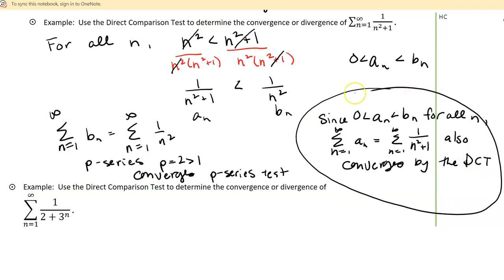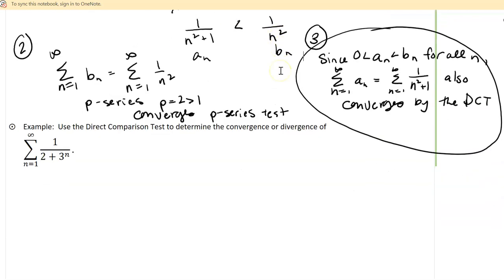So all of these pieces are part of this. We're showing, first of all, that we get this relationship. Then we're showing that b sub n is something that converges. And then finally, we're applying the test to show that our a sub n also has to converge.